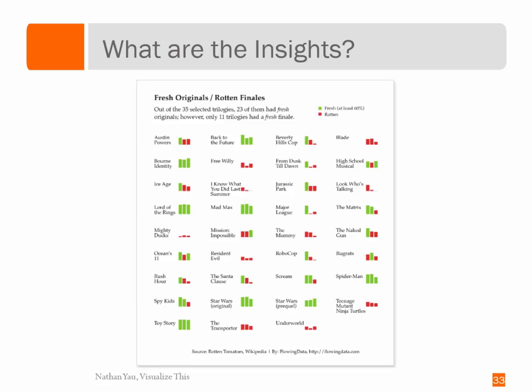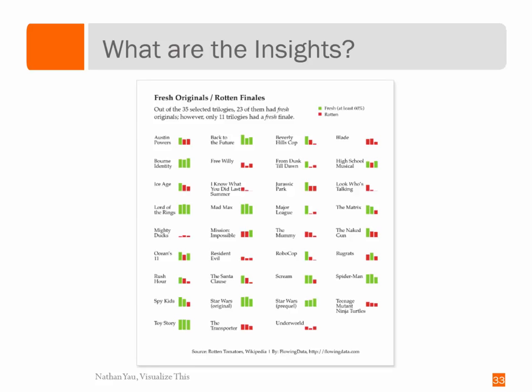And we might compare that, as an example, to Free Willy. So we go up toward the top on the second row there, we see Free Willy, also a franchise for kids. It started off rotten, encoded with red.